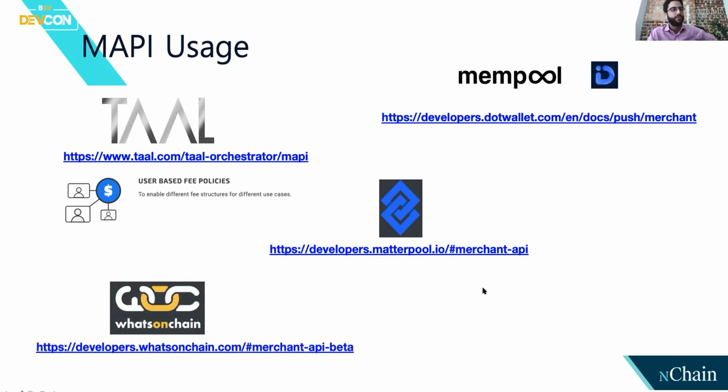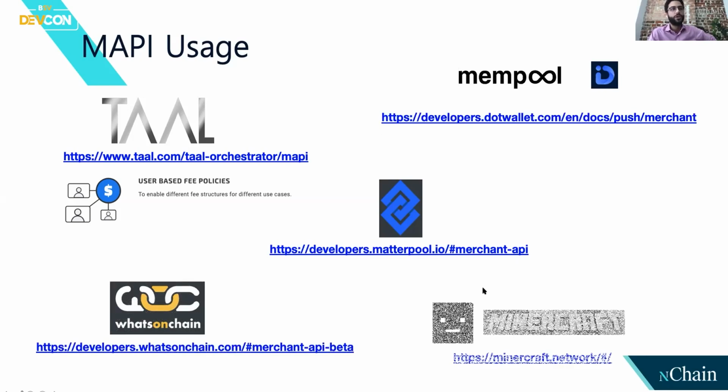And we've got other services like What's on Chain and Unwriter's Minercraft, which connect to a bunch of different miners' merchant APIs. For example, if you want to see how much a bunch of miners are all charging, or if you want to see the highest fee or the lowest fee, you can go through What's on Chain or Unwriter's Minercraft.